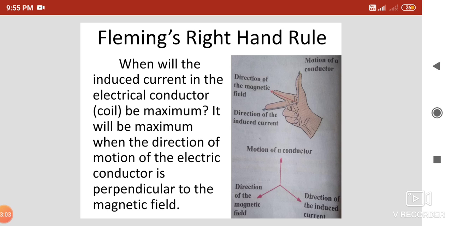Then the thumb indicates the direction of motion of the conductor, the index finger shows the direction of the magnetic field, and the middle finger shows the direction of induced current. After studying this rule, let us know something more about Michael Faraday.